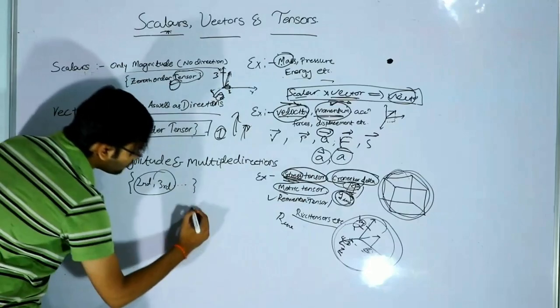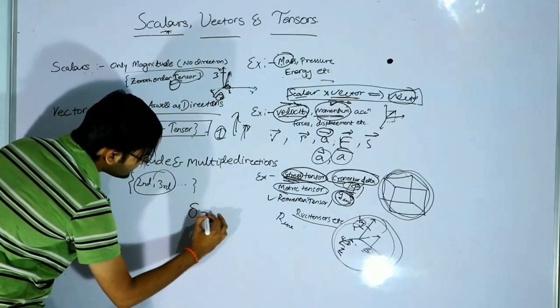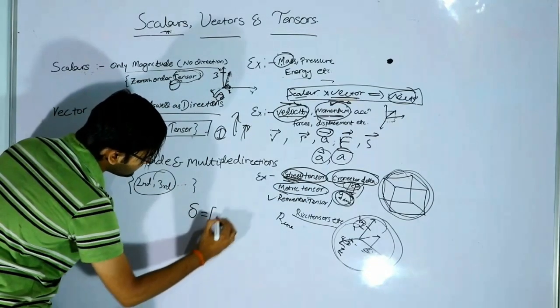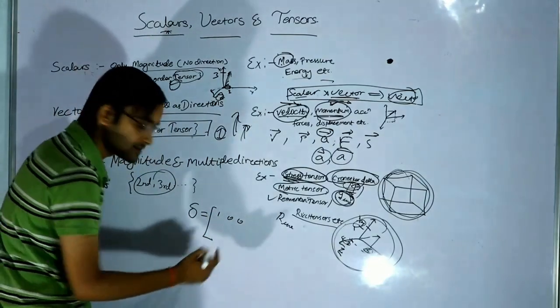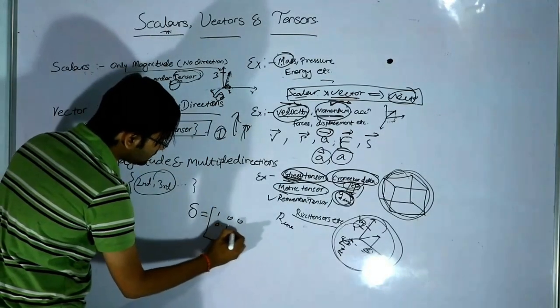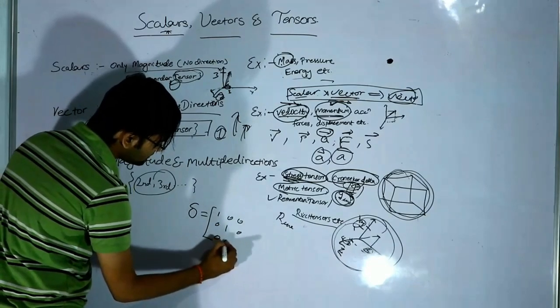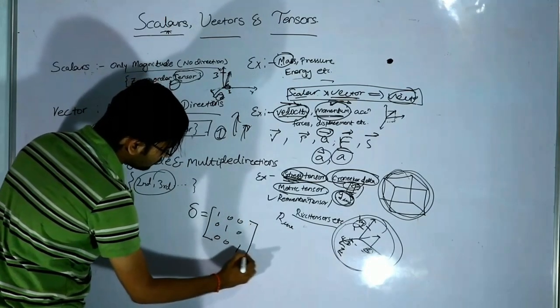What it means: the Kronecker delta is equal to the identity matrix, 1 0 0, for 3-dimensional cases, 0 1 0, 0 0 1. This is called the Kronecker delta.